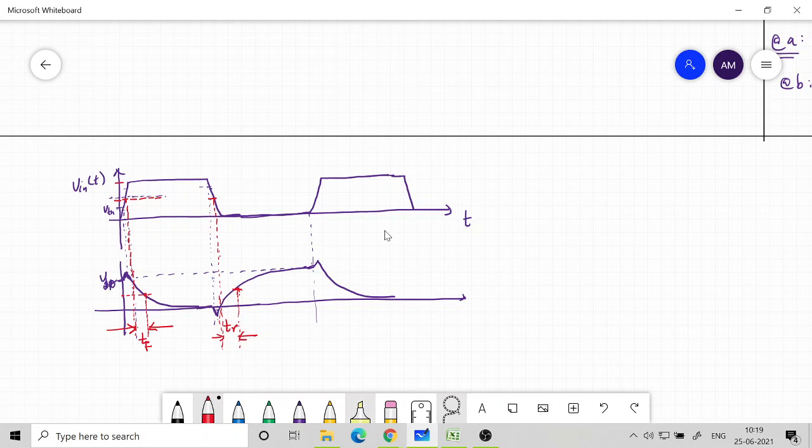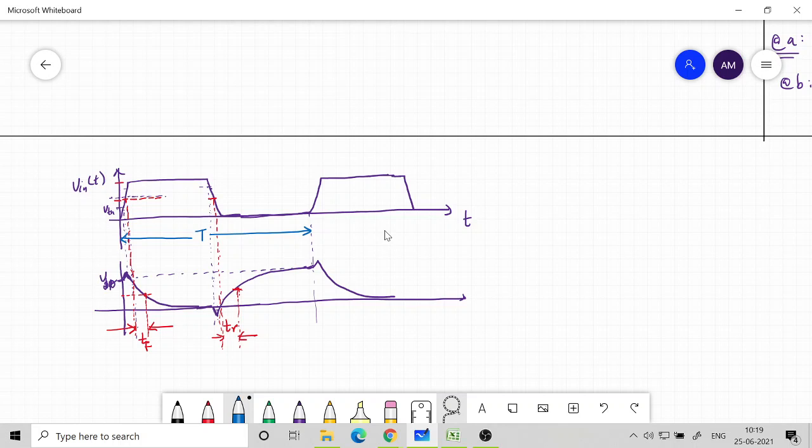Now one of the important things that we need to estimate out of this analysis is what is the maximum frequency at which I can change the input. There is a frequency at which this pulse waveform is operating. If you look at here, the time period is this. For some time it is in the high state, and sometime it is low.